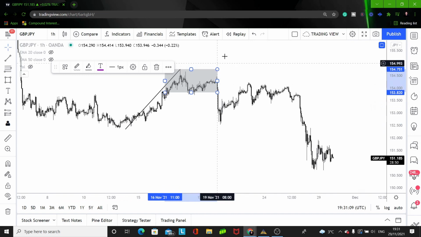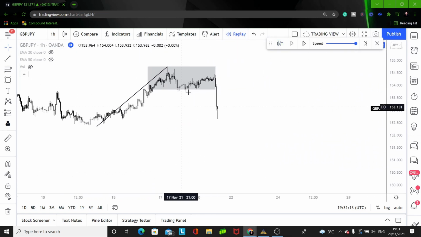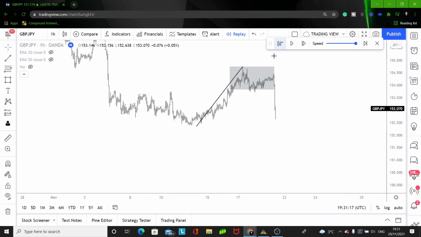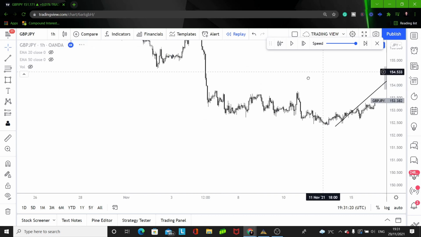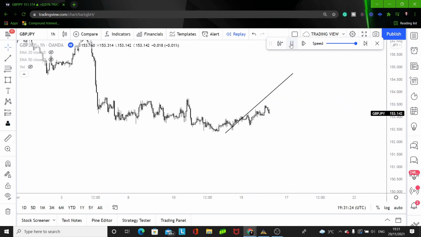Okay, so let's say that we're looking at this area here. Obviously, we don't know that this is going to happen before it happens. If we were looking at this here, we have no idea that we're going to be able to short here. We need to wait for it to play out.